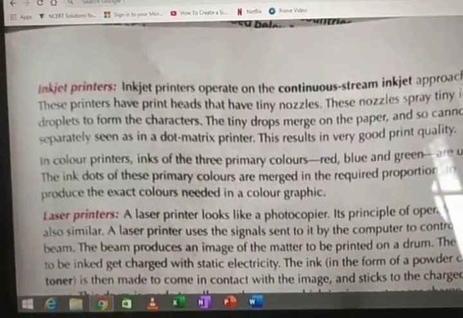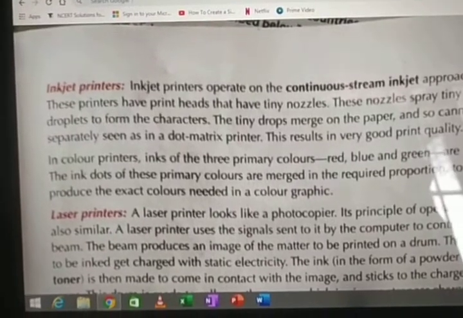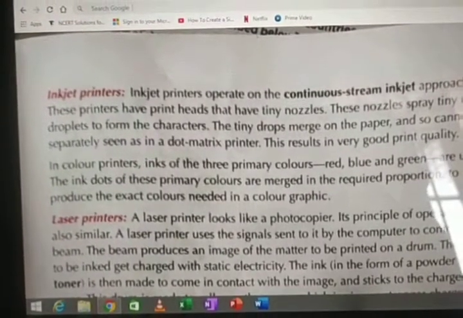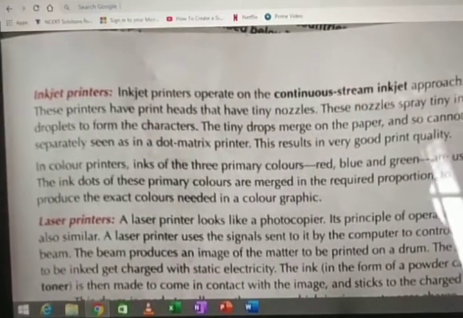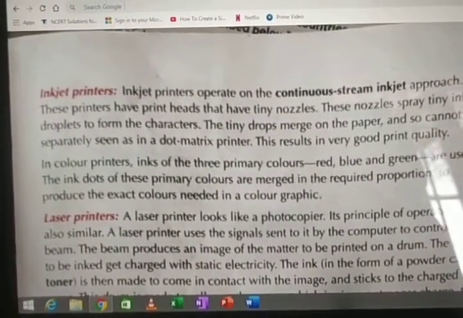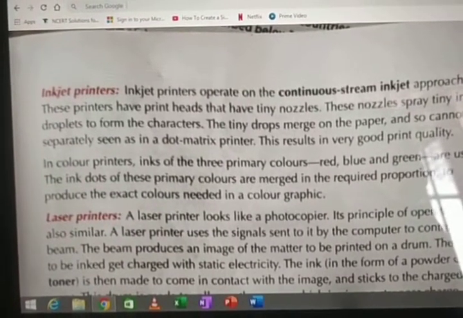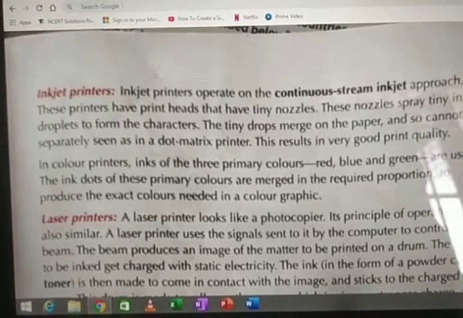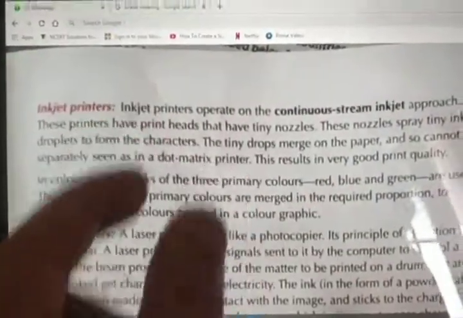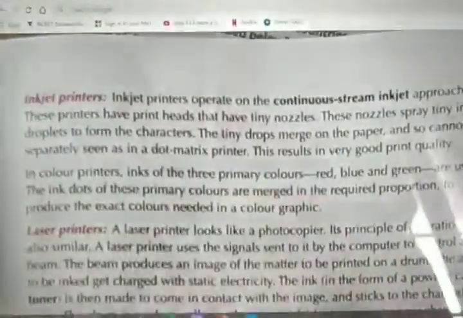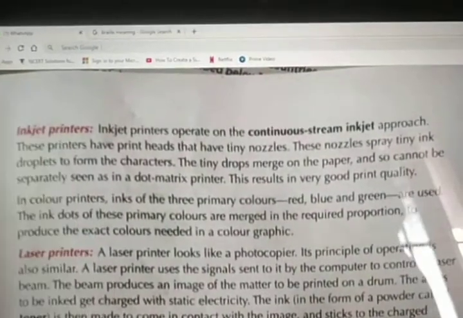These colors are merged in the required proportion to produce any needed color to print on the paper.